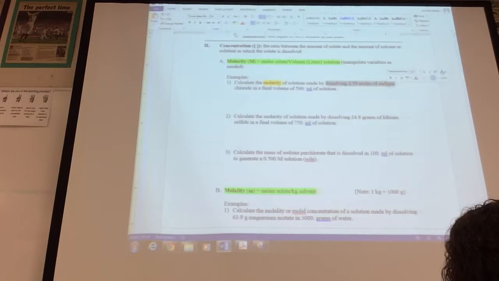You're dissolving 2.50 moles of sodium chloride, that's given, in a final volume of 500 mL. This type of problem is very, very easy, much easier than you would ever see, but just to get started, we want to know the molarity.